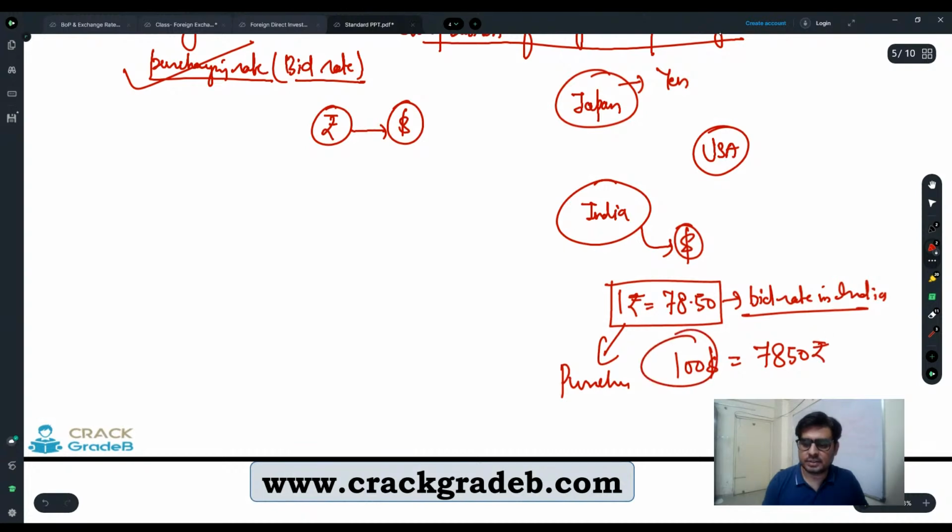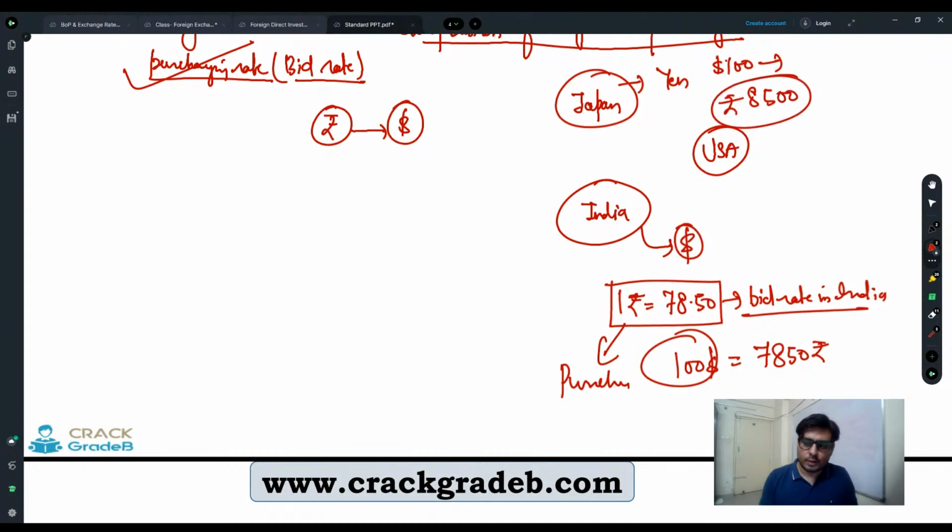And if you sell this $100 in the other market, you are able to make somewhere around 8,500 rupees. So you did this calculation and found that if I purchase here and sell in the other market, I can make some more money, right? So you are doing both activities simultaneously.